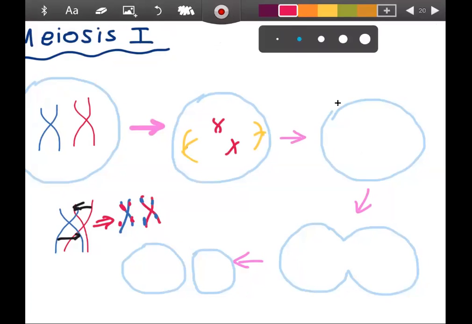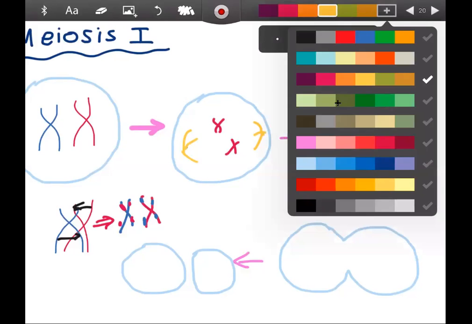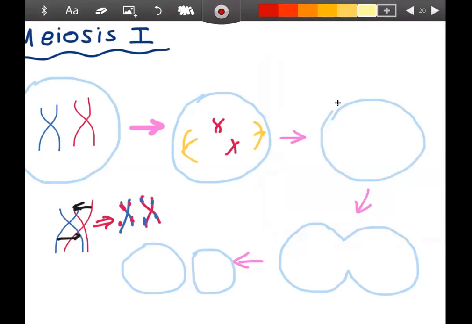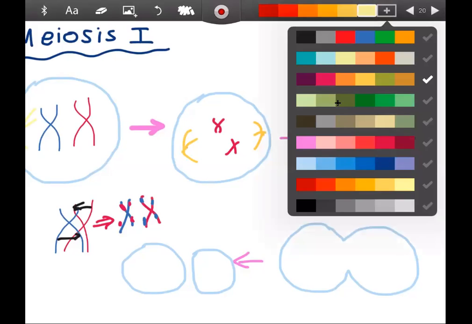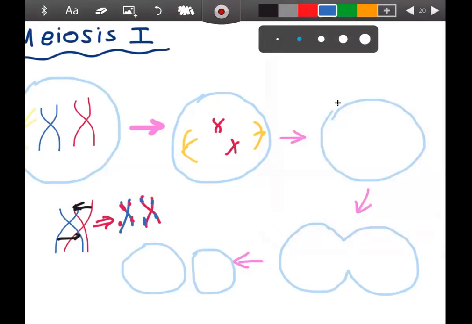Sorry, I drew too little of these. This would be prophase. We have our chromosomes condensing, and now imagine that each of these chromosomes has crossed over. And the mitotic spindle is going to form.